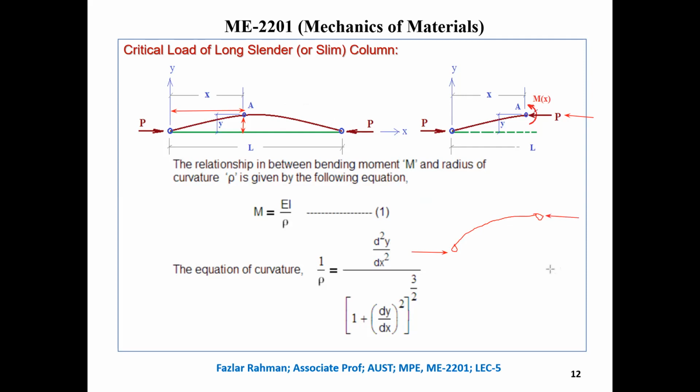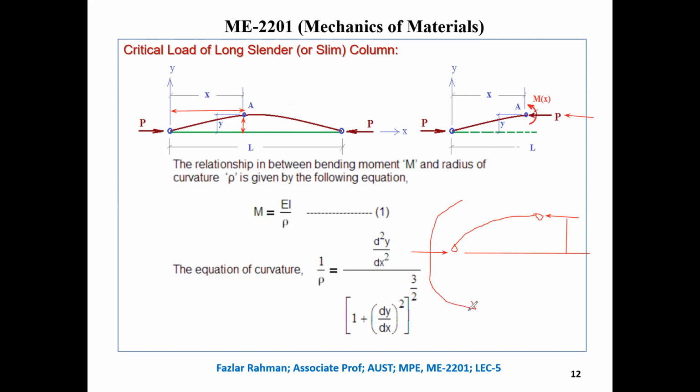Now what is happening? This is rotating because there is a distance between these two forces, right? This height, this is some distance. So this will try to rotate in the anti-clockwise direction, along this direction.